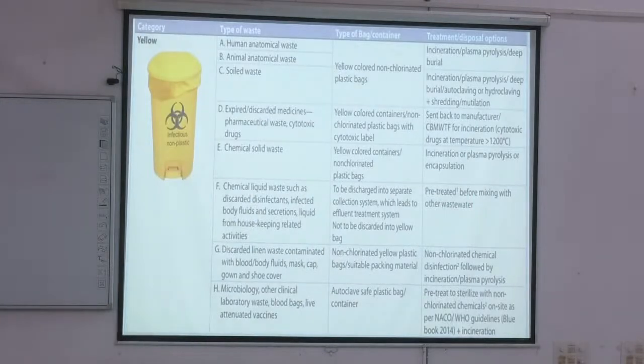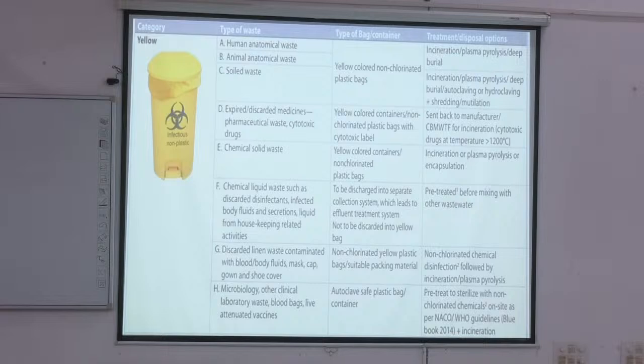And in the yellow bag, any anatomical waste, solid waste, chemical waste, pharmaceutical waste, you have to put in those particular bins. And the bag you are using should be a non-chlorinated bag, because those things will go for incineration or autoclaving at high temperature.